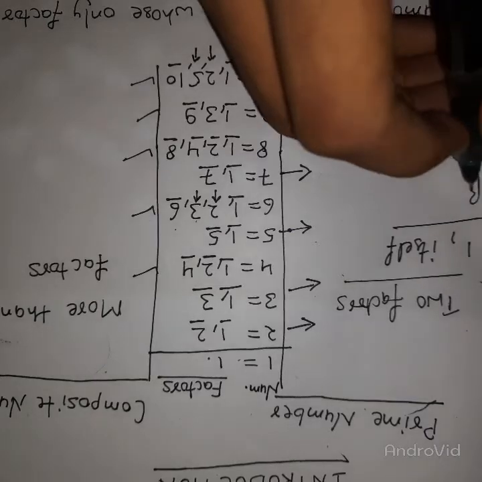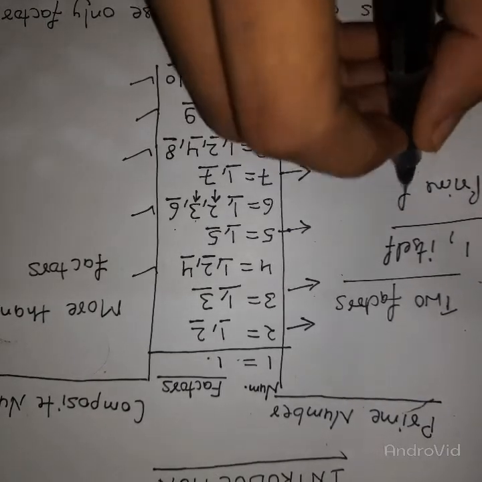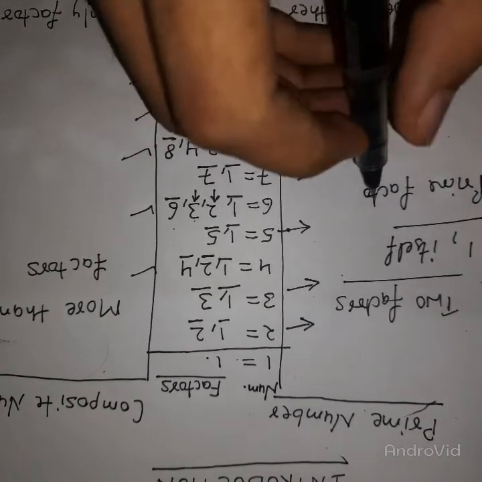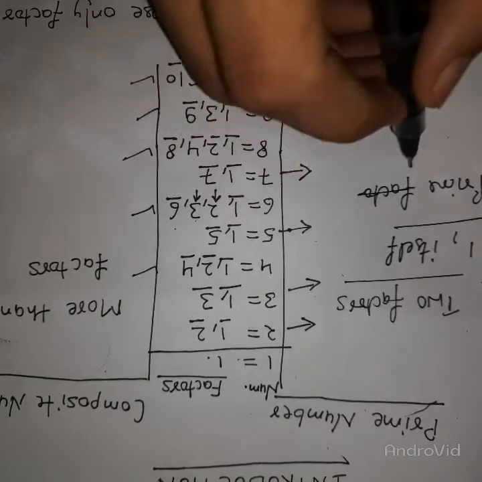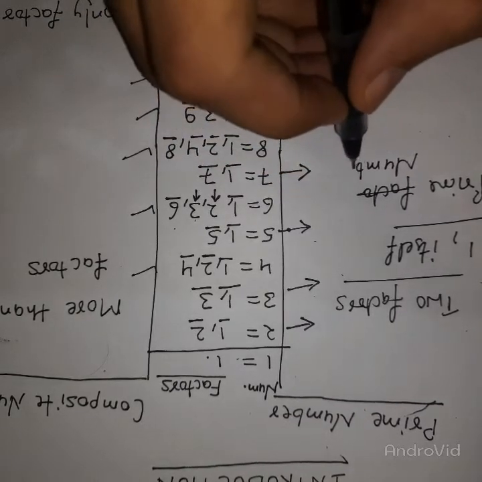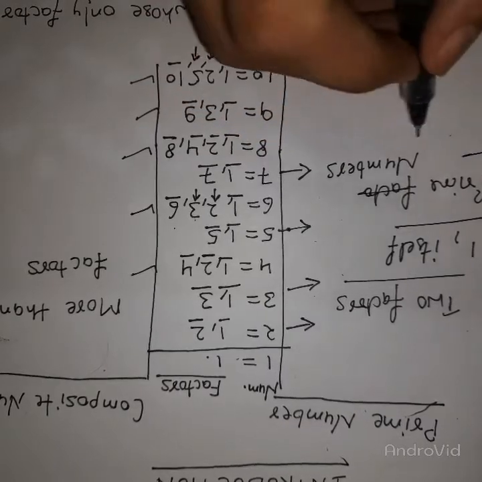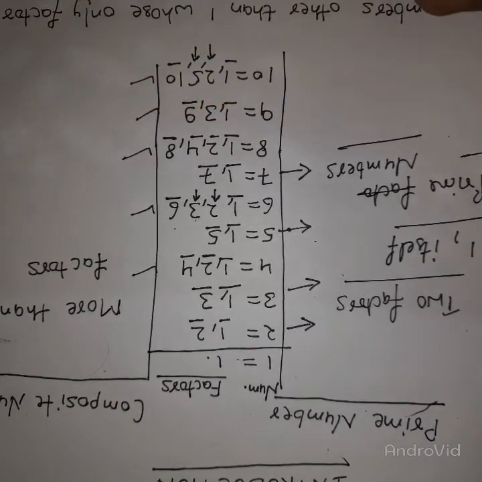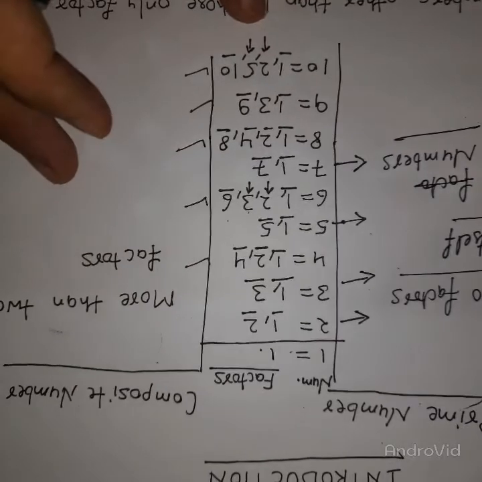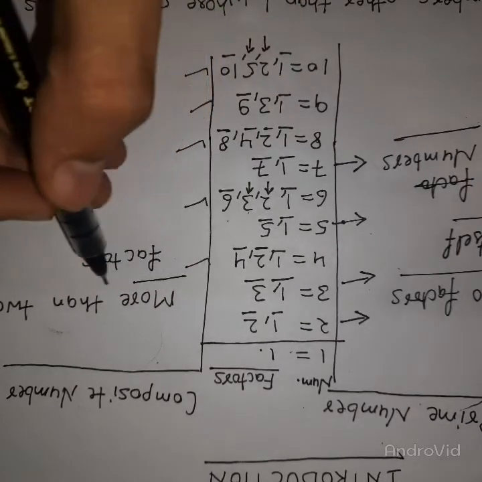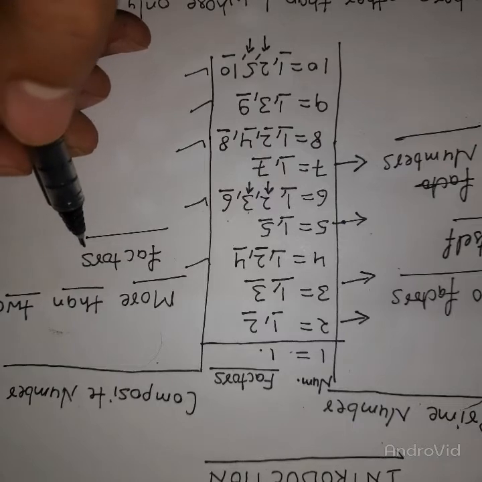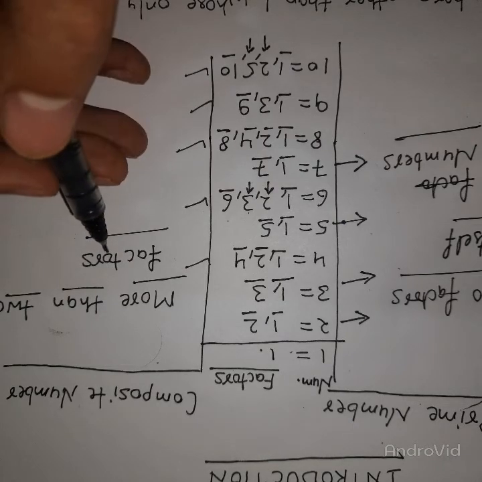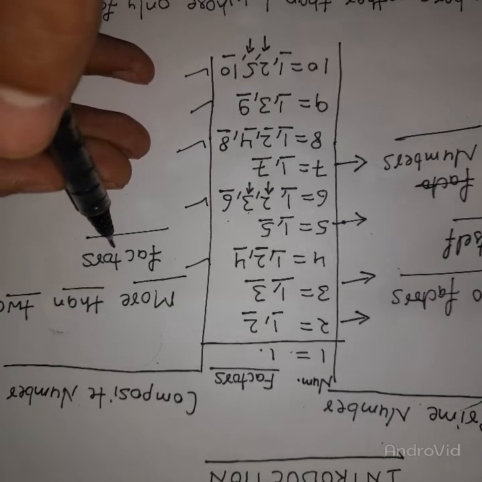So, all of these numbers which have only 2 factors are called prime numbers. And every number which has more than 2 factors is called a composite number.